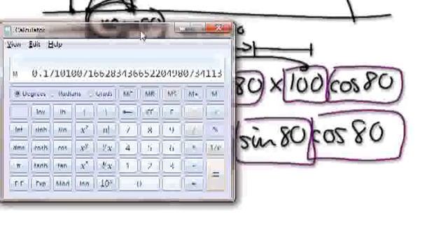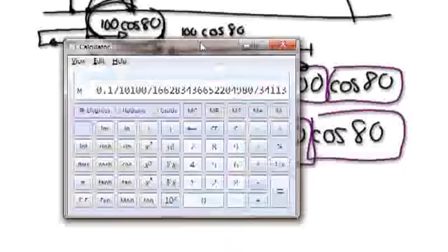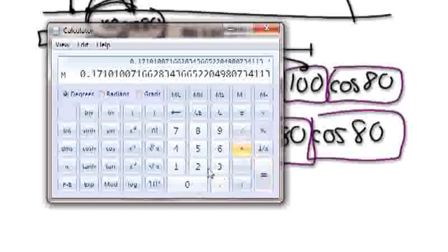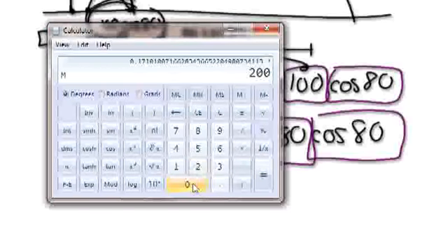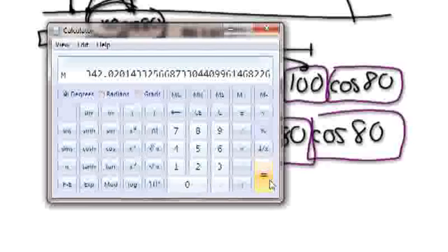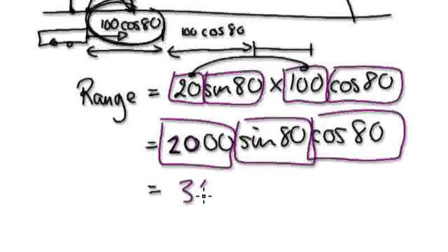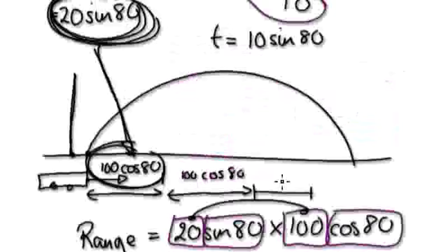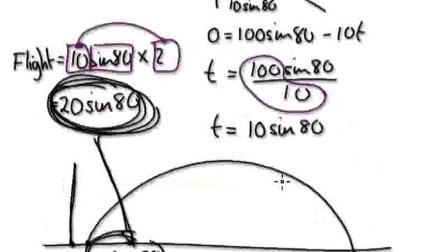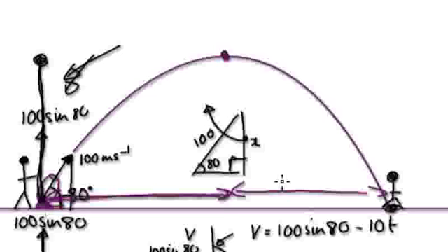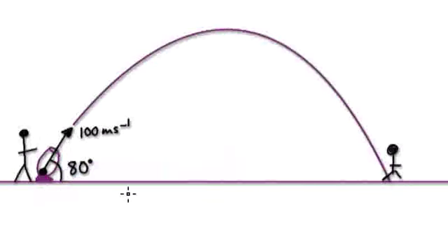And then times 2000 equals 342 meters. So going back to our problem here, the answer is 342.